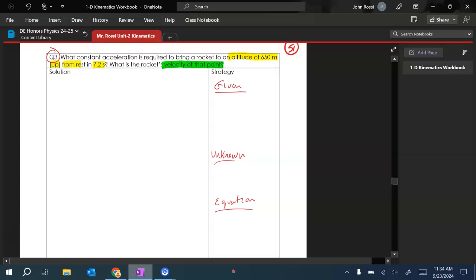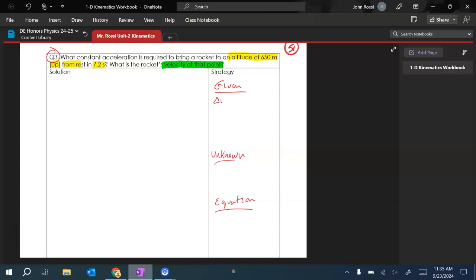We're given an altitude or a displacement of 650 meters. We're given from rest, which is our initial velocity, and we got time of 7.2 seconds. These are going in the up and down, so you could use delta y. If you just wrote delta d, I'll know what you're talking about here.